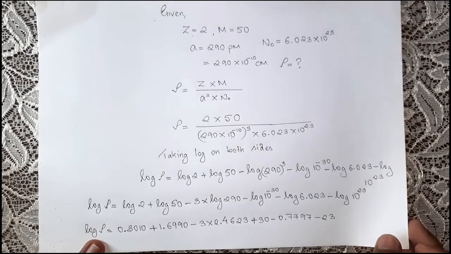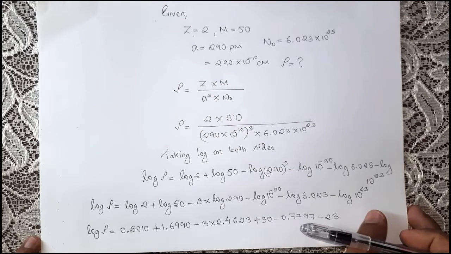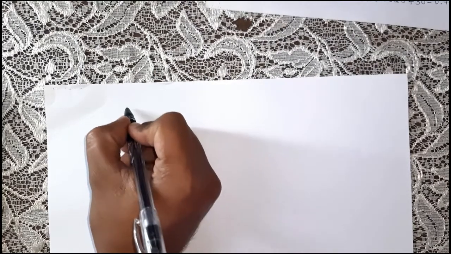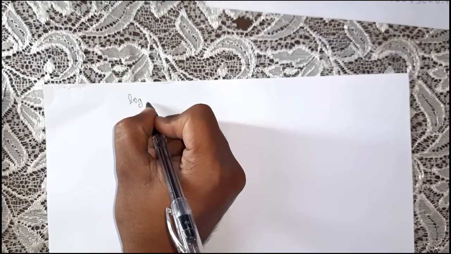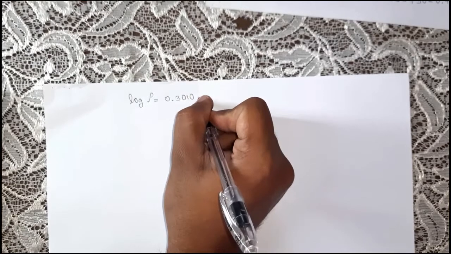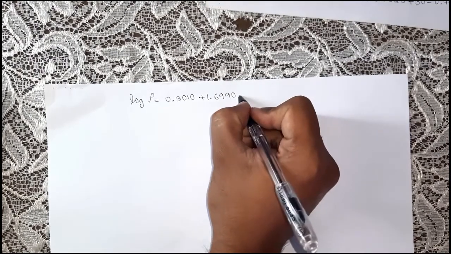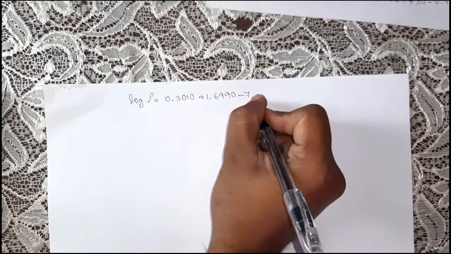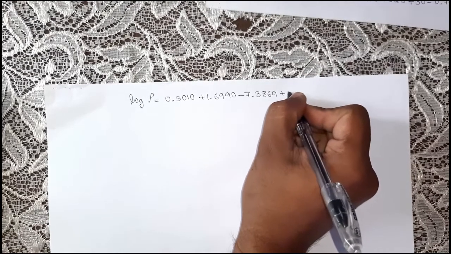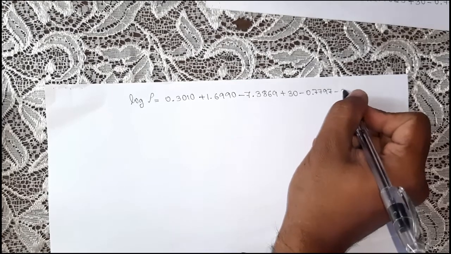So now if you calculate all these values, we will have log density is equal to 0.3010 plus 1.6990 minus 7.3869 plus 30 minus 0.7797 minus 23.